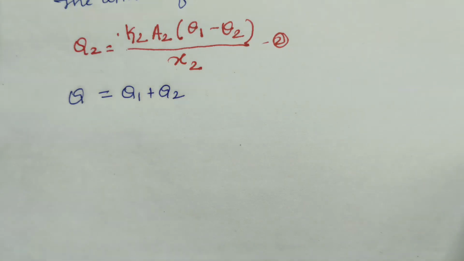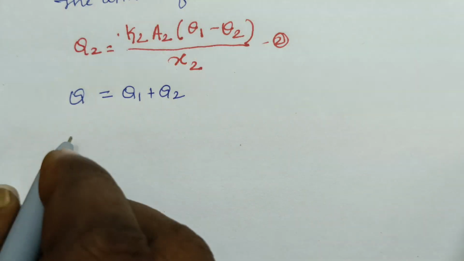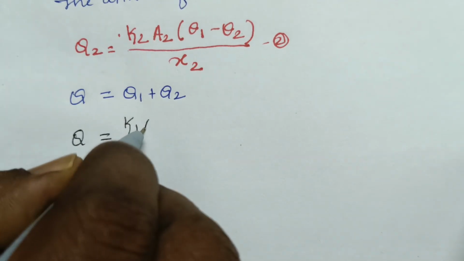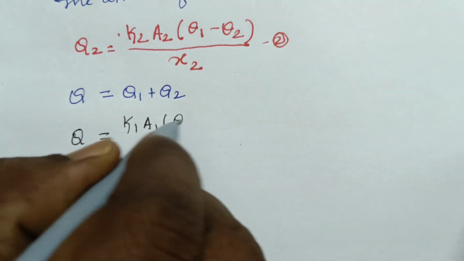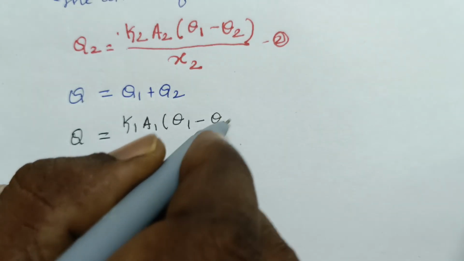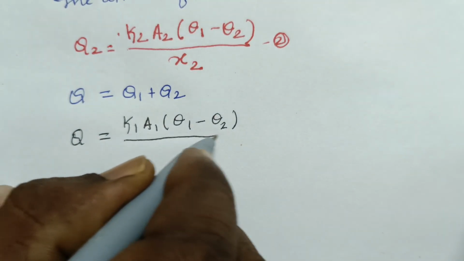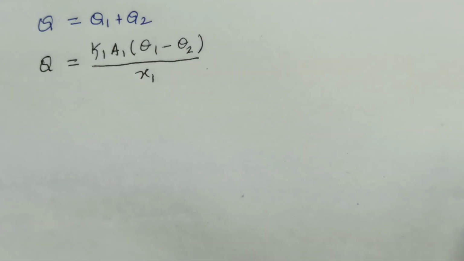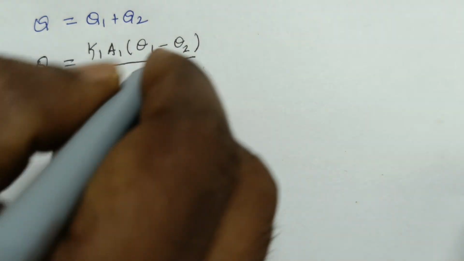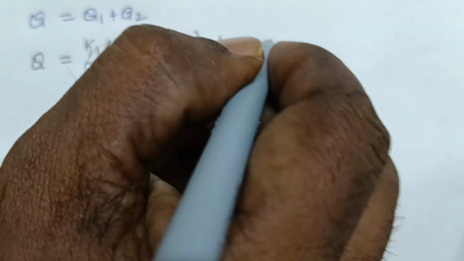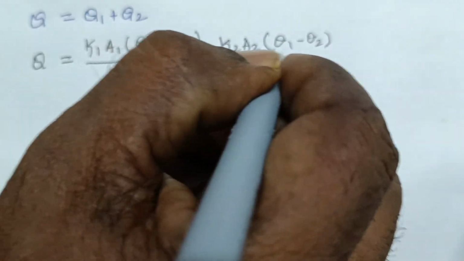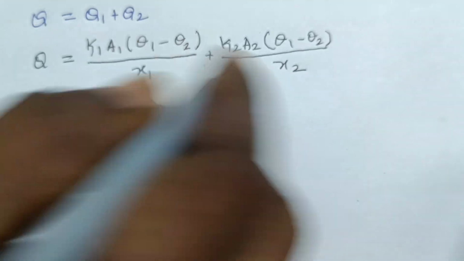You know the values of Q1 and Q2, so Q is equal to K1 A1 into theta 1 minus theta 2 divided by x1 plus K2 A2 into theta 1 minus theta 2 whole divided by x2.